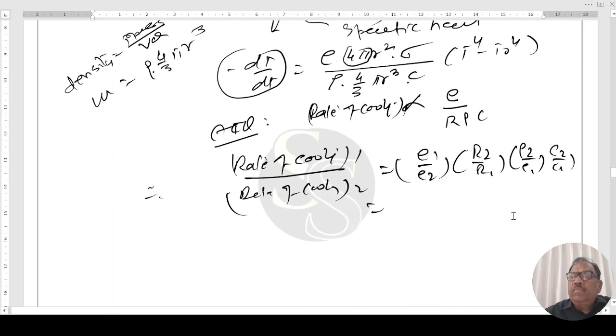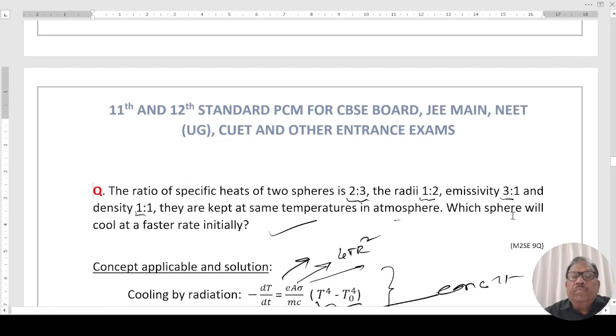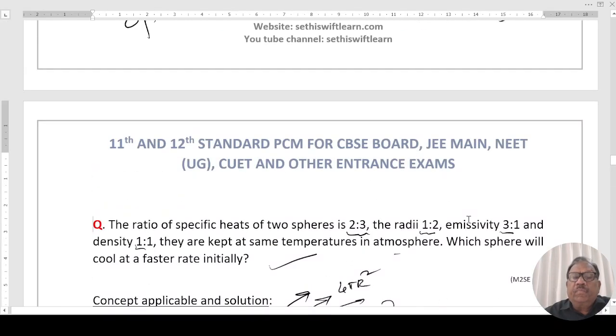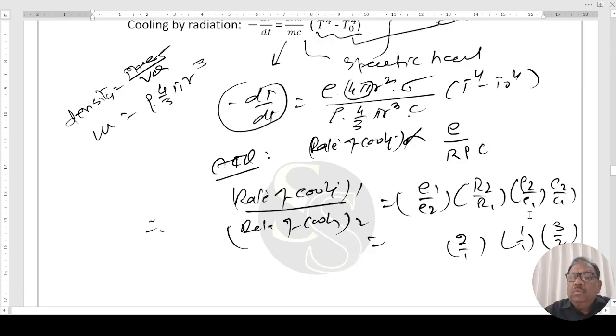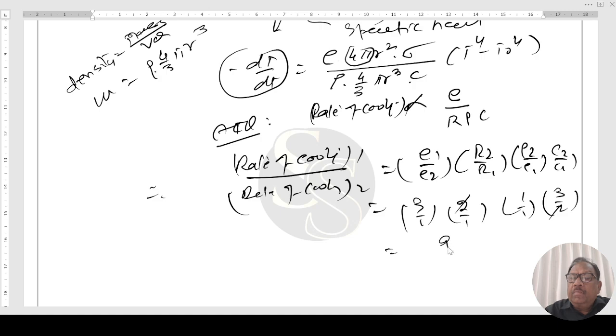Simplify. Specific heat 2:3 means C2 over C1 is 3:2. Density 1:1. Radius is given as 1:2, so R2 over R1 is 2:1. Emissivity is 3:1. Now this comes out to be 9.